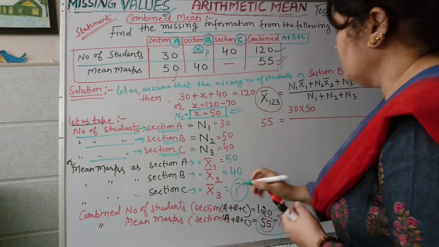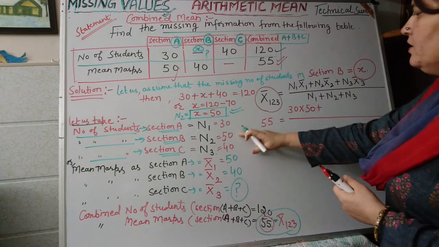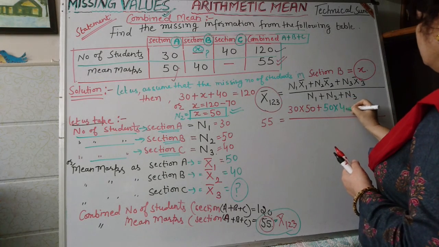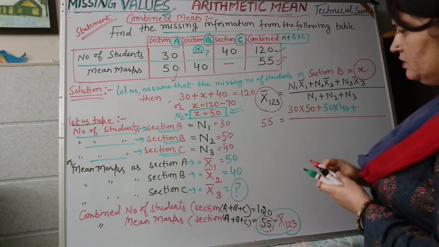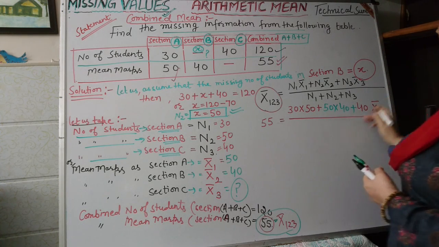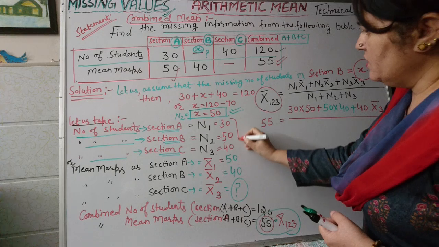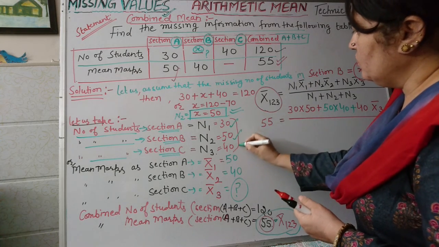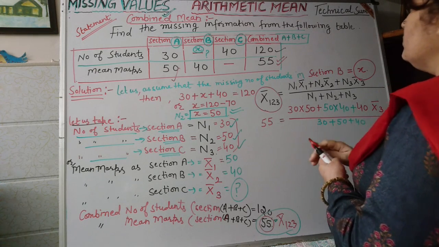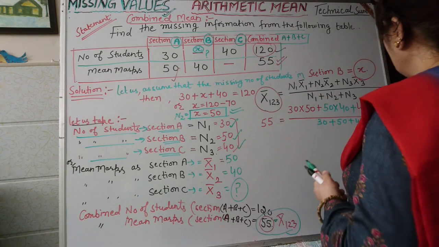I am putting a question mark against it. Then the denominator is n1 plus n2 plus n3, which is 30 plus 50 plus 40, equal to 120.